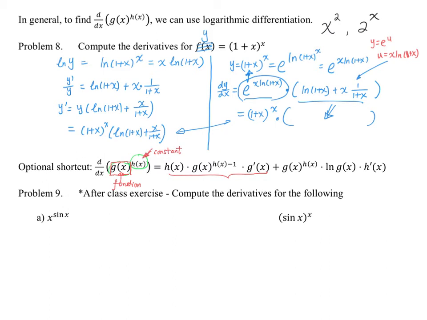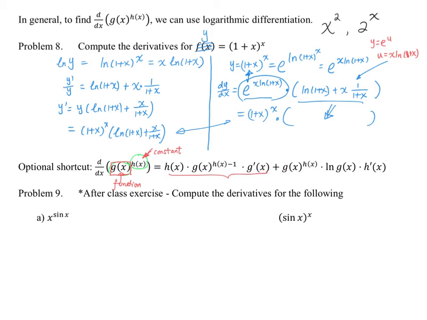When you apply the power rule, you bring the power to the front, which is h of x times g of x raised to the power, and you subtract 1 from the power, so h of x minus 1. And then because you treat this as a function, you need to apply the chain rule, so times the derivative of the inner function g. So that's your first part.